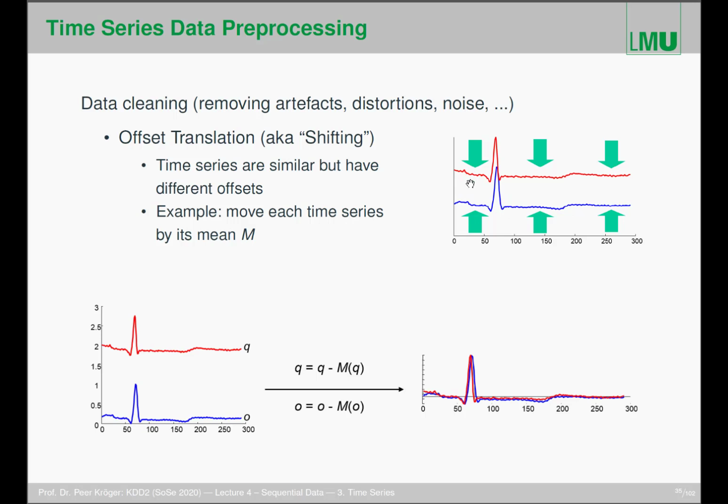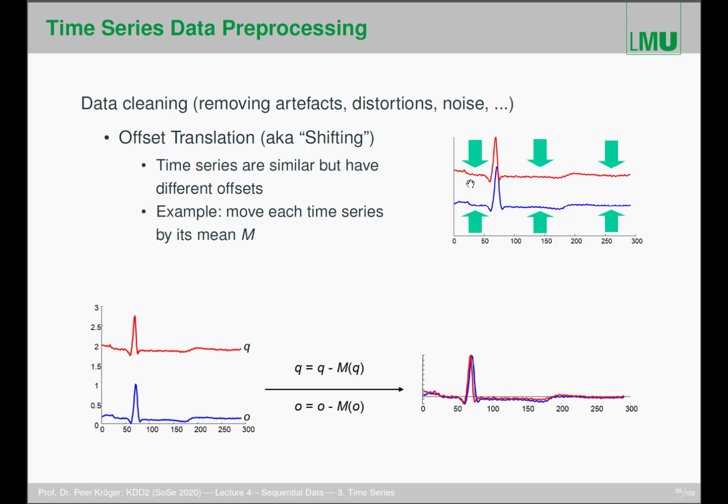Application specific, you remember. Maybe in your application it's interesting to view them as similar and forget about the different offsets. If your application is specific about the offset, then offset translation is not a good idea, obviously.